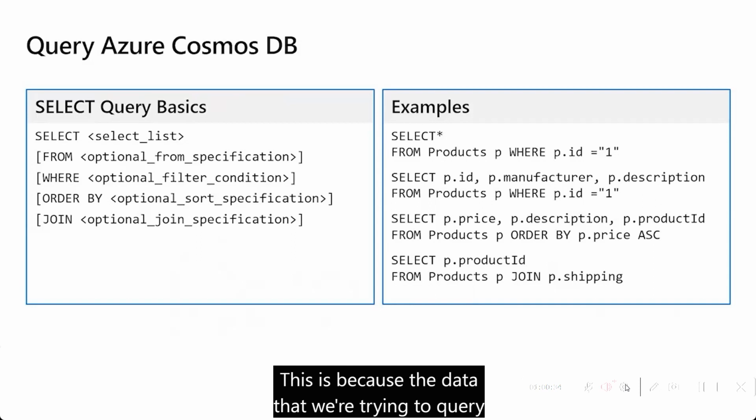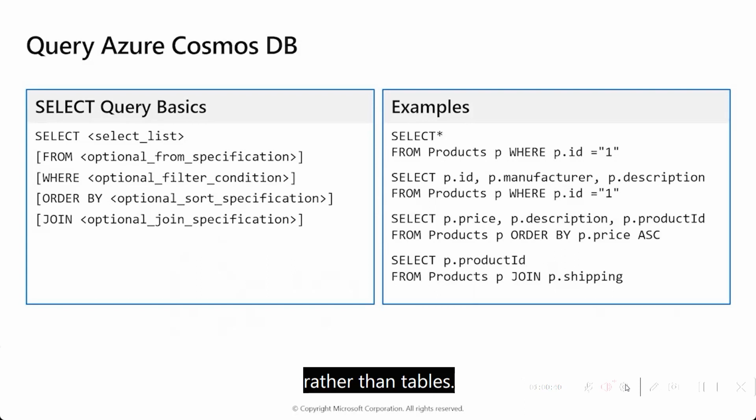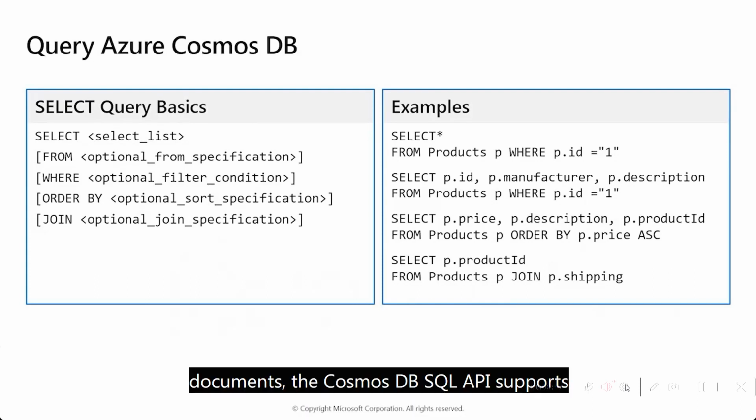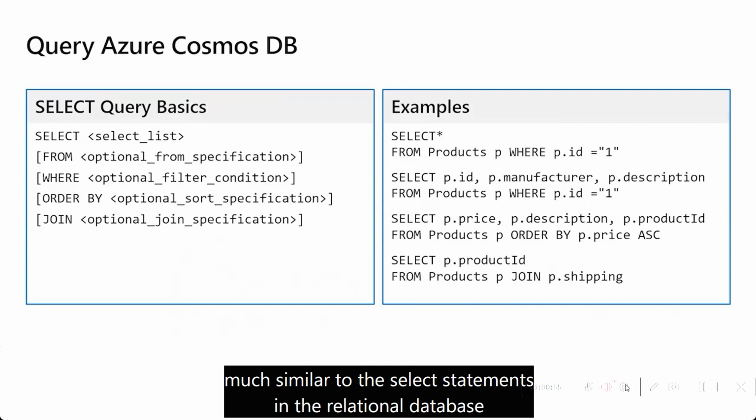This is because the data that we're trying to query in your Cosmos DB is actually structured as documents rather than tables. So if we were to use the core SQL API to query documents, the Cosmos DB SQL API supports a dialect of SQL for querying documents using select statements, much similar to the select statements in a relational database.